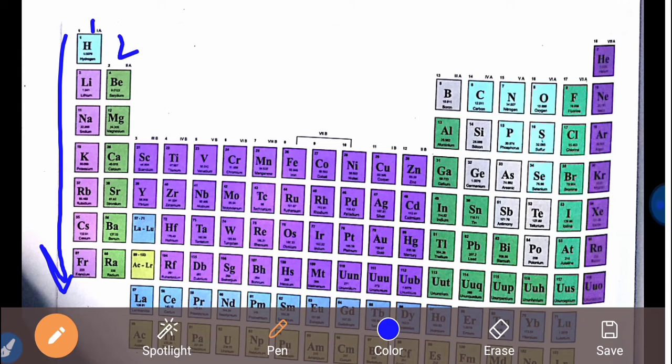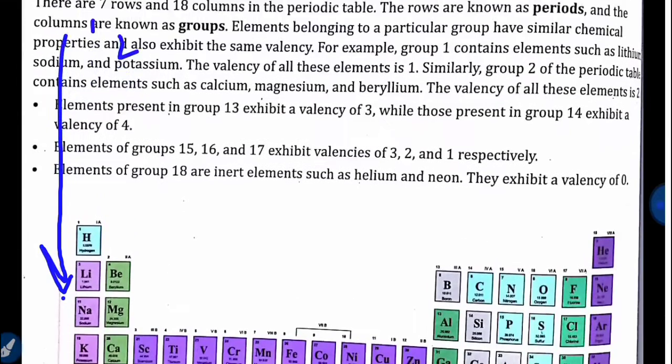Hydrogen, lithium, sodium, potassium, rubidium, cesium, francium, till Fr, are represented by the first group and their valency is also 1. Similarly, the second group has valency 2.